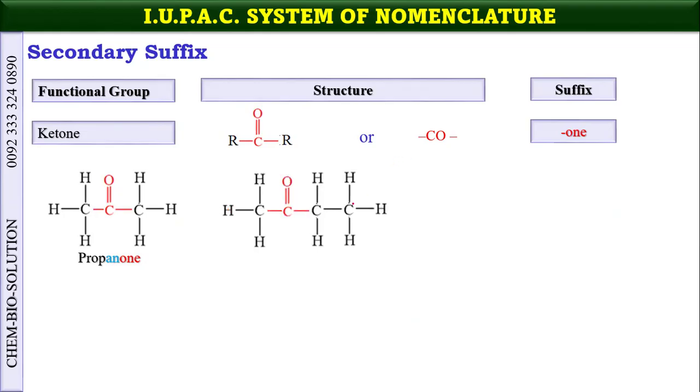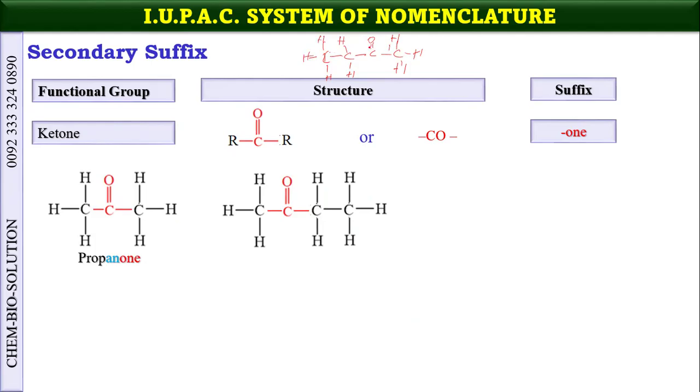Also, if there is only one ketone, then definitely it would be on the second position. If it would be here, then we number the chain from here. For example, if the situation is like this, see.